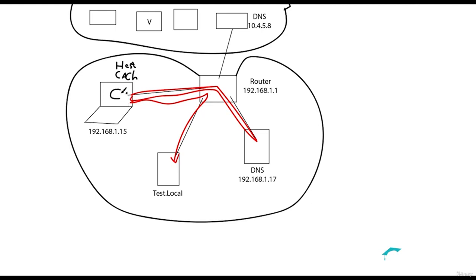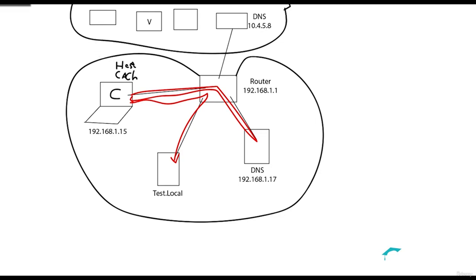But if our client then wants to get access to a service that is on the internet and not within the internal network, for example this Winslow Academy server that is placed somewhere on the internet, our client will again check its cache and its host file, and it will come to the conclusion that it hasn't visited this site before.